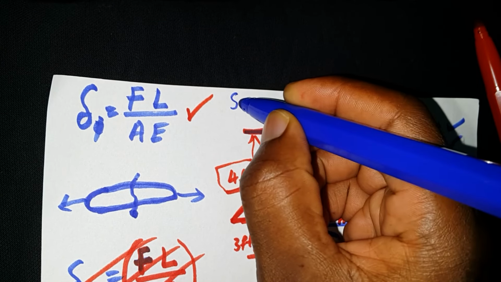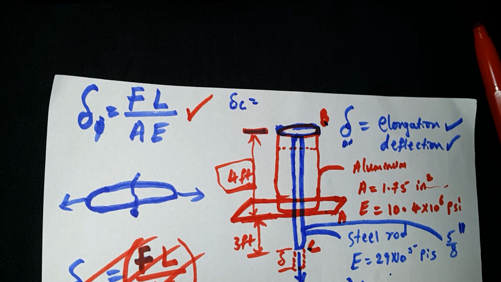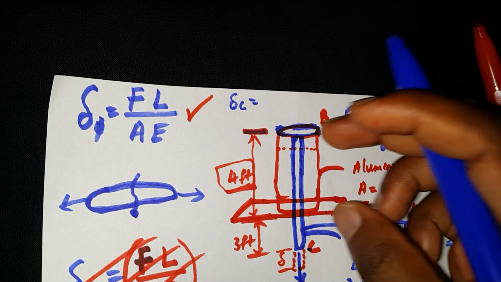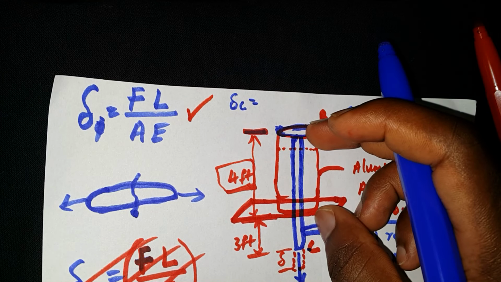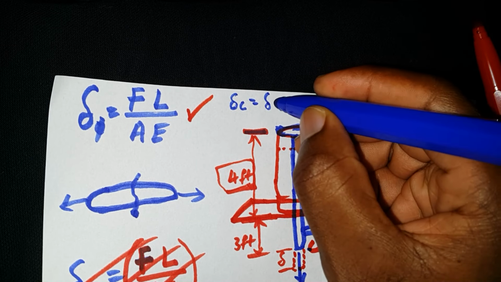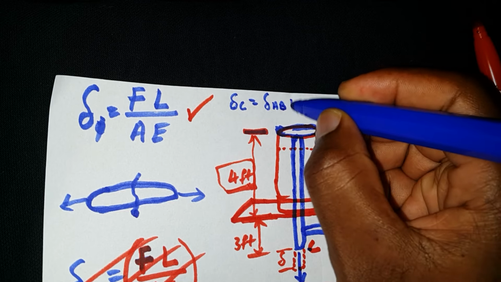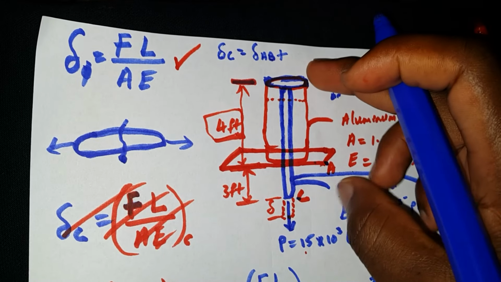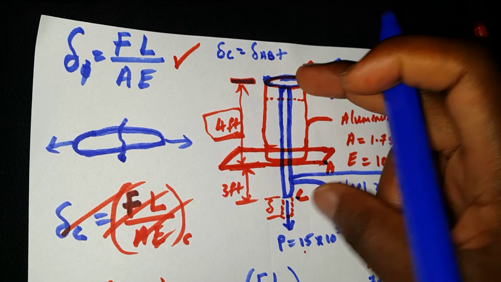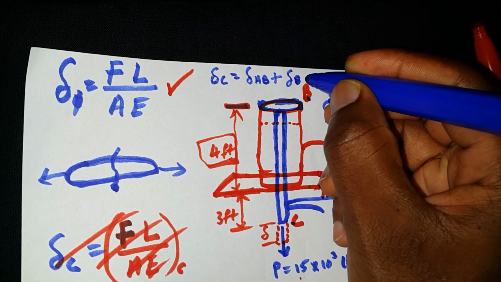We say that X, this C, is equal to the deformation of A to B, the cylindrical part that we calculated, plus the steel rod which we calculated, the deformation of B, C.